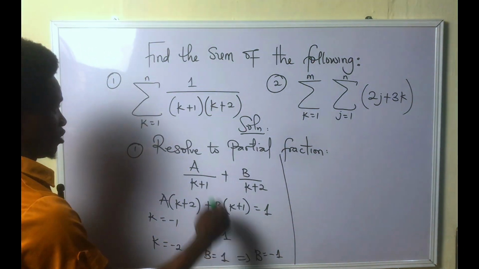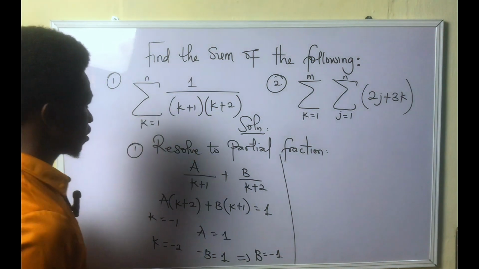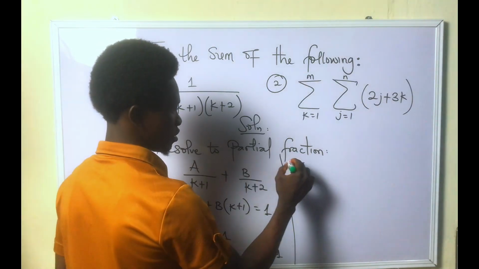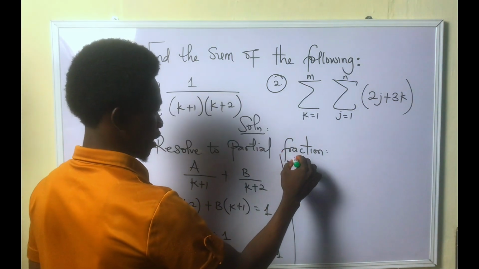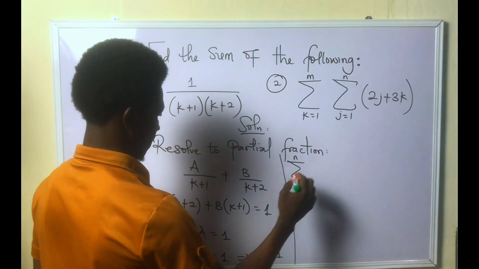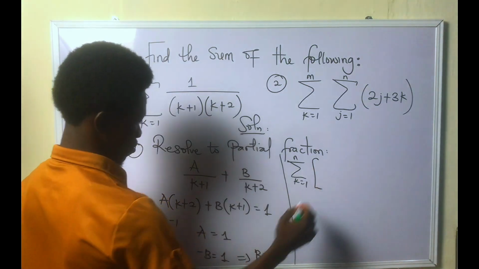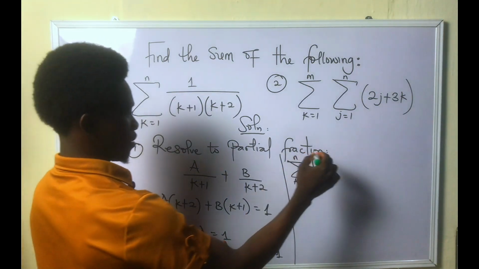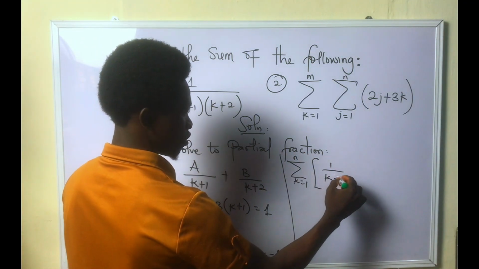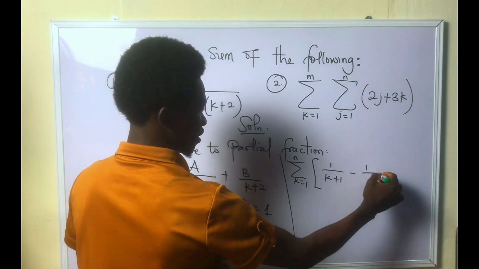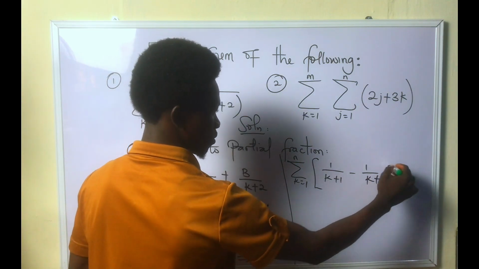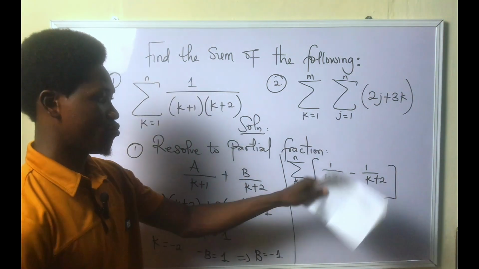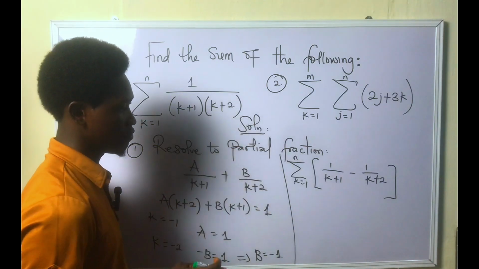So I'll bring that into this. This can also be written as 1 over k into k plus 1 times k plus 2 equals 1 over k plus 1, which is our a, then minus 1 over k plus 2. Alright, so since I have this, I can now put in all of this and we can see the beauty of it.